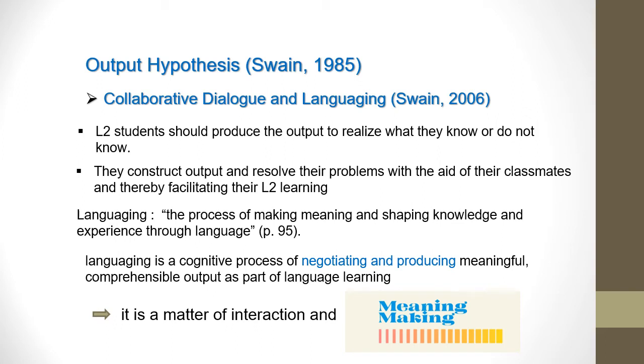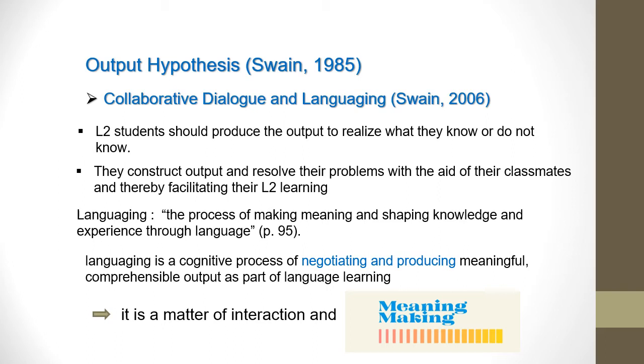and thereby facilitate their second language learning. In 2006, Swain developed the idea of the output hypothesis into what has been known as collaborative dialogue and languaging, which is a process of making meaning and shaping knowledge and experience through language. So it is a cognitive process of negotiating and producing meaning and comprehensible input as part of language learning.